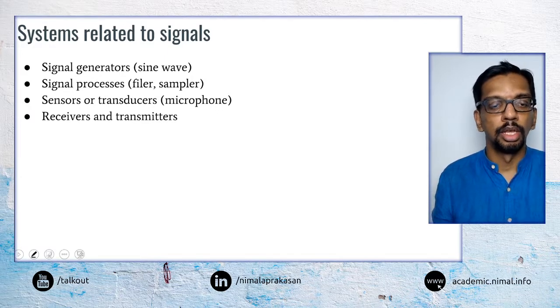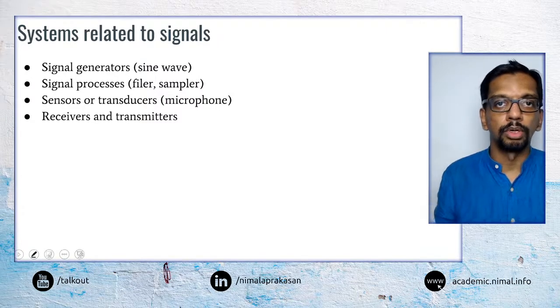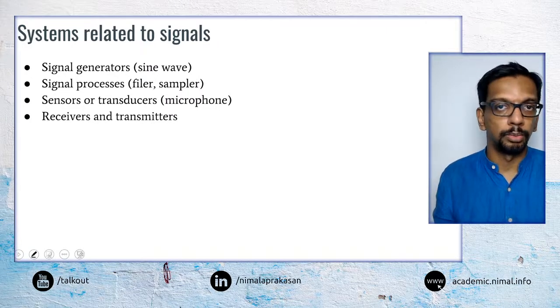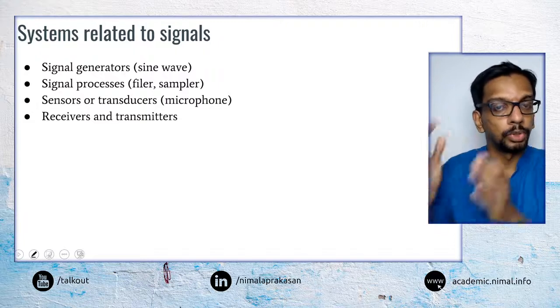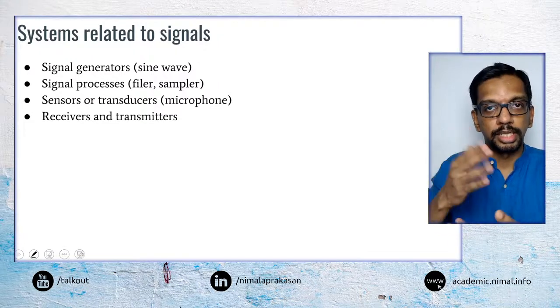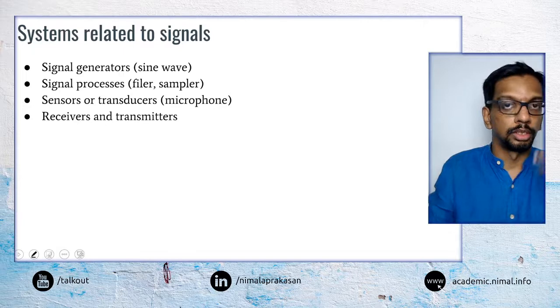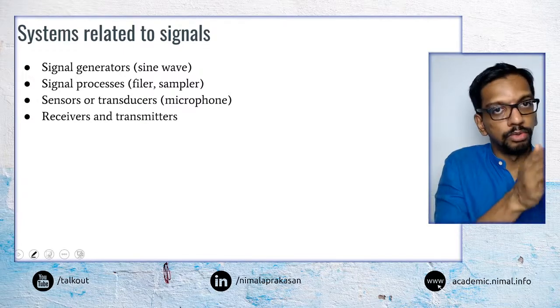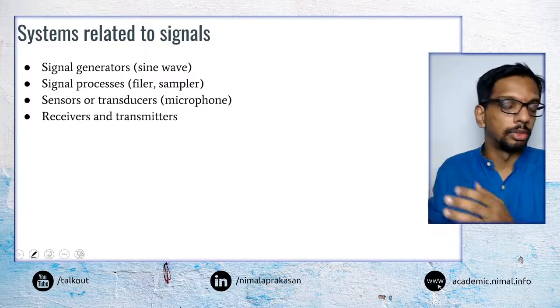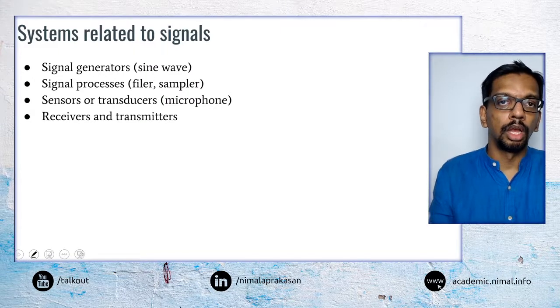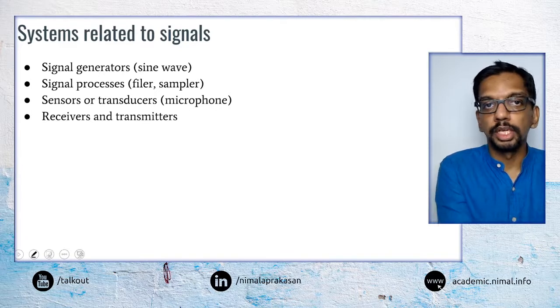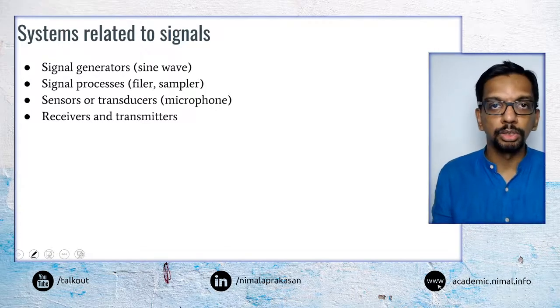So for example, we may use a sine wave generator to produce a particular type of input, to give an input to a system. We may use certain types of signal processing like filters and samplers to convert signals, maybe from analog to digital and so on. We may use certain types of sensors to convert a physical phenomenon into signals.